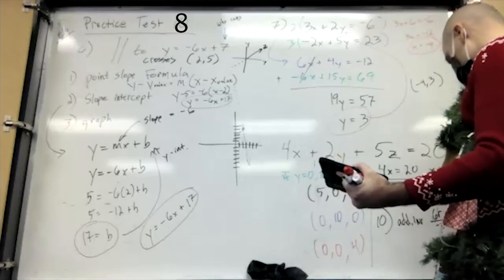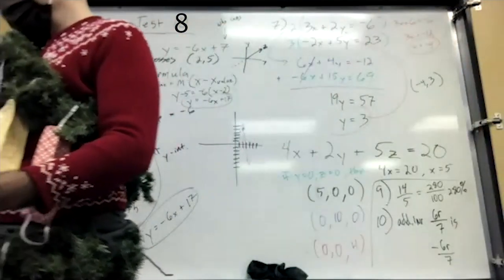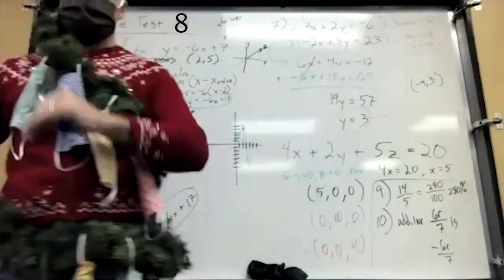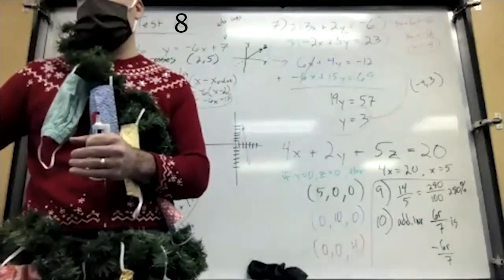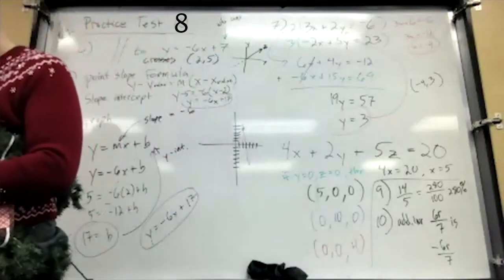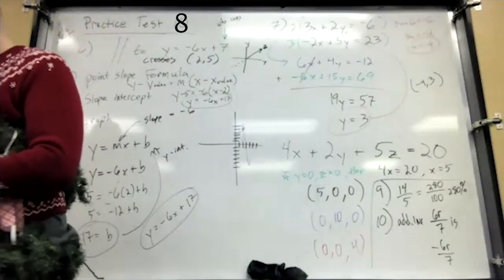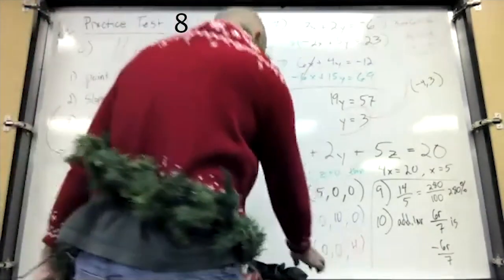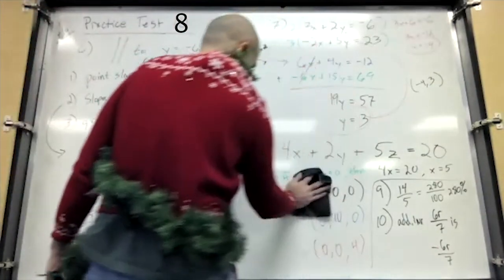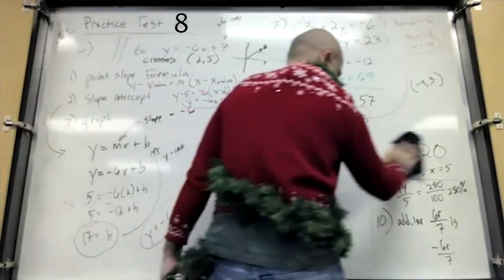Negative 6r over 7. Don't do both. It's not the multiplicative, it's not the negated reciprocal. It's just the additive inverse. Yep. I just messed up really bad. I messed up everything, so.